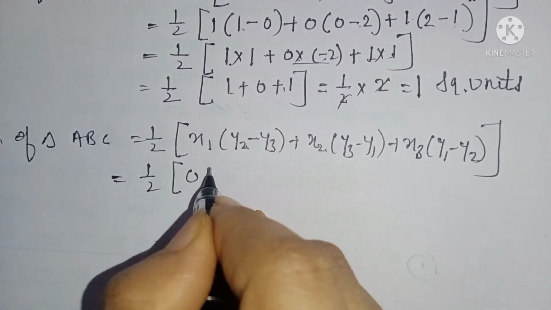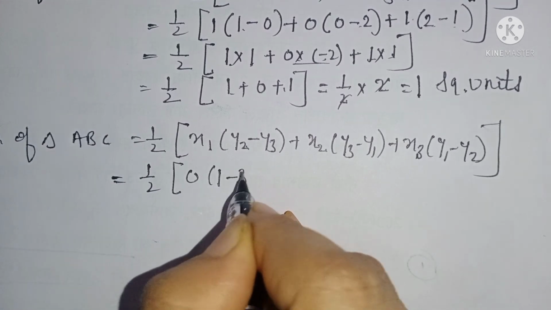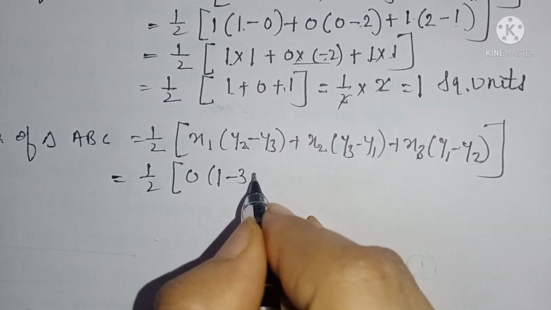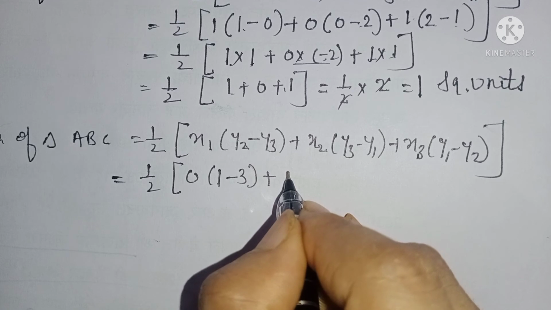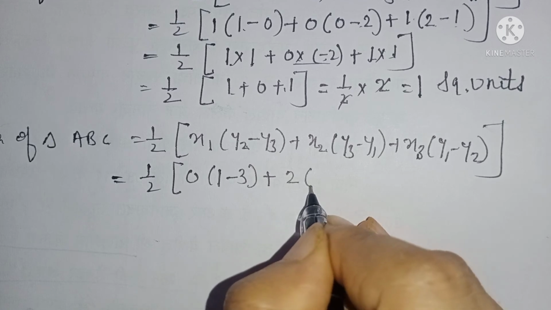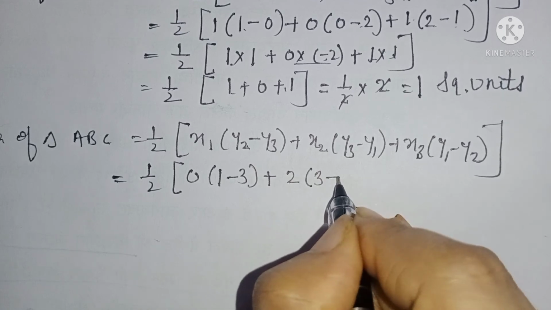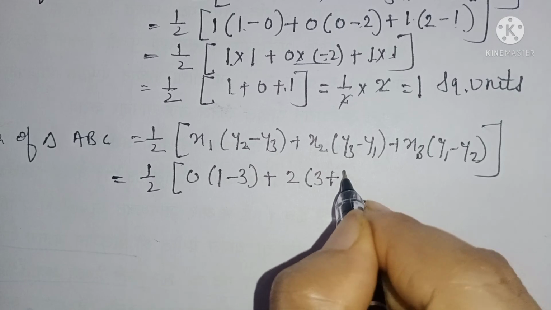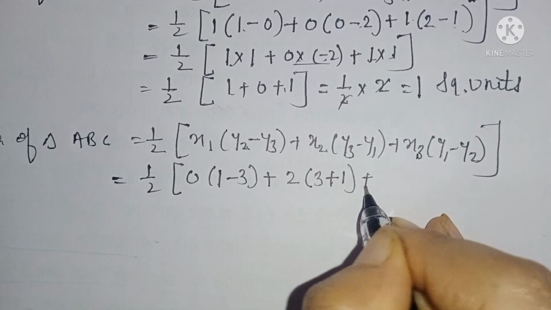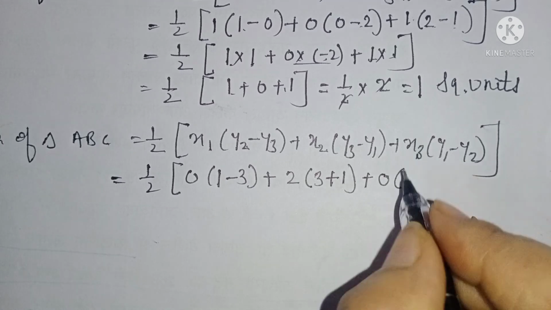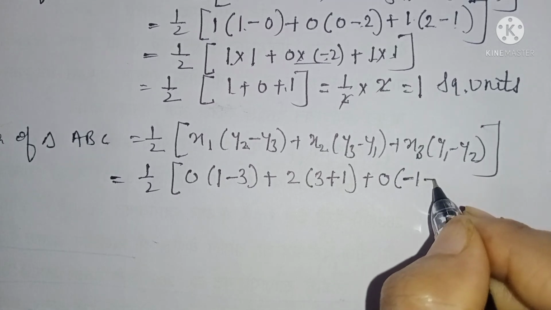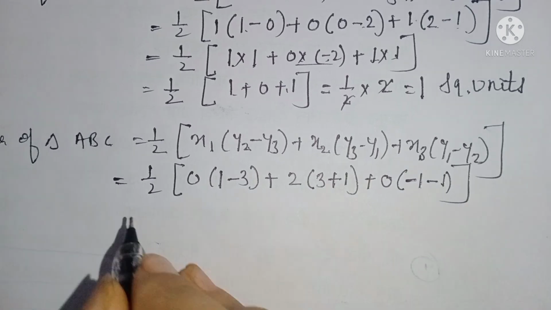Half, x1 is 0, y2 is 1 minus y3, your y3 is 3, plus x2 is 2, in bracket y3 is 3 minus y1 is minus 1 but minus will become plus 1, plus x3 is 0, in bracket y1 is minus 1 and minus y2 is 1. So let's simplify.